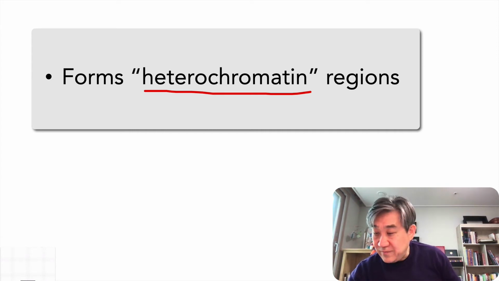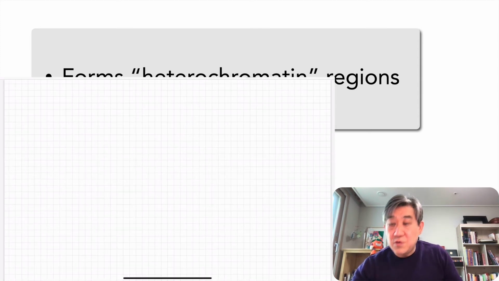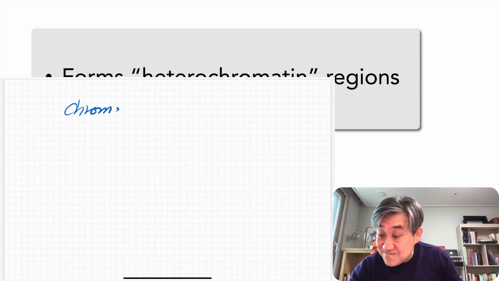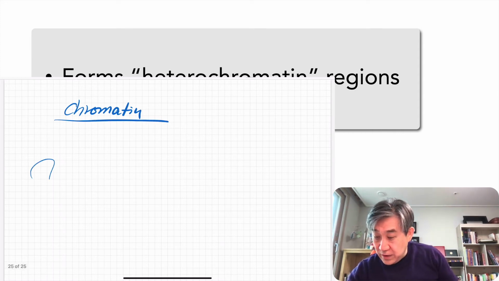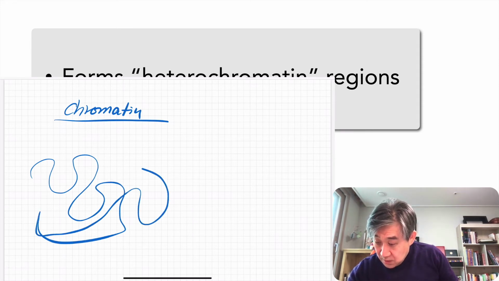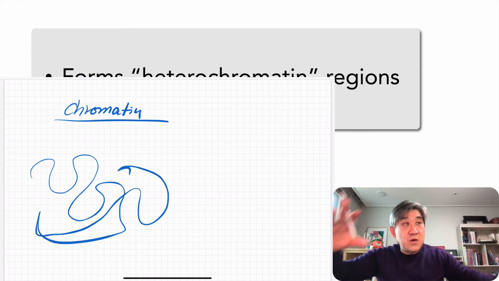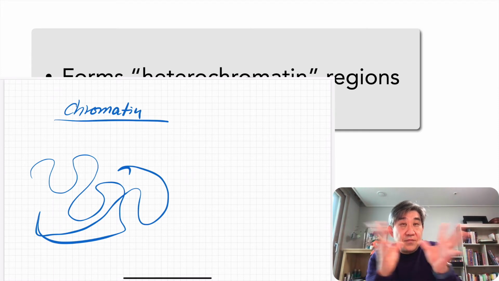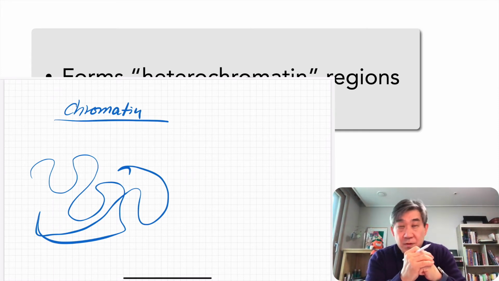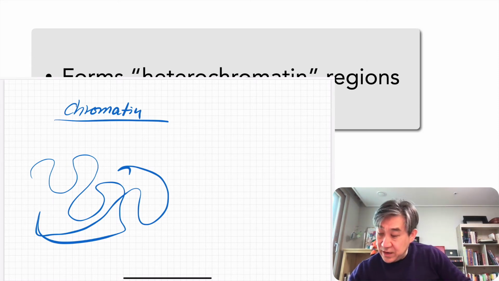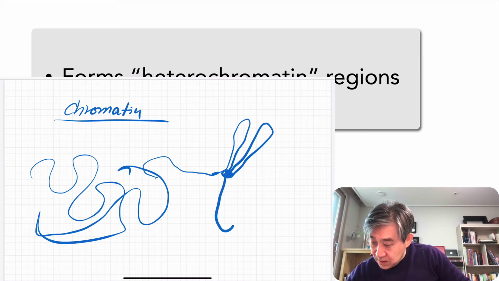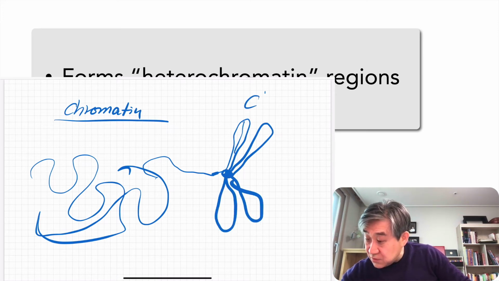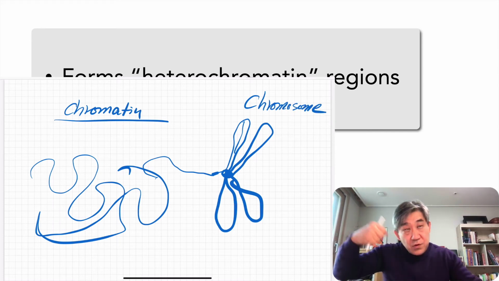So what's heterochromatin? First, chromatin. Do you still remember chromatin? Your chromosome can either exist in a loosely organized, untangled and less condensed form, or in a highly condensed form, like this chromosome.